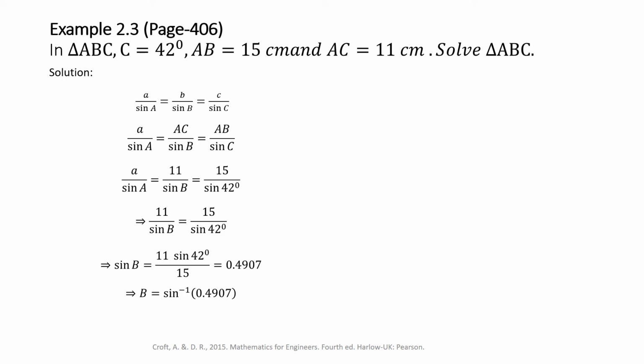Again sine is positive in the first quadrant and in the second quadrant, so B can be this and this.